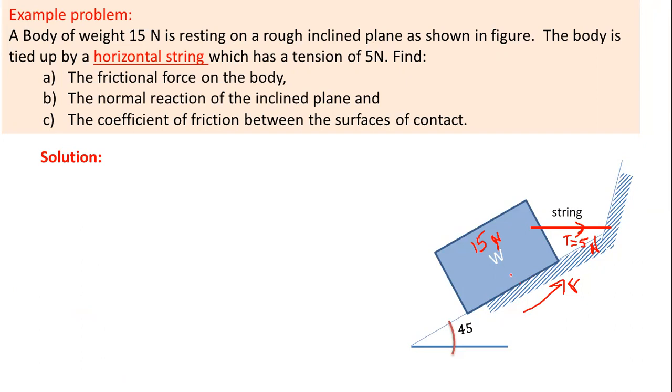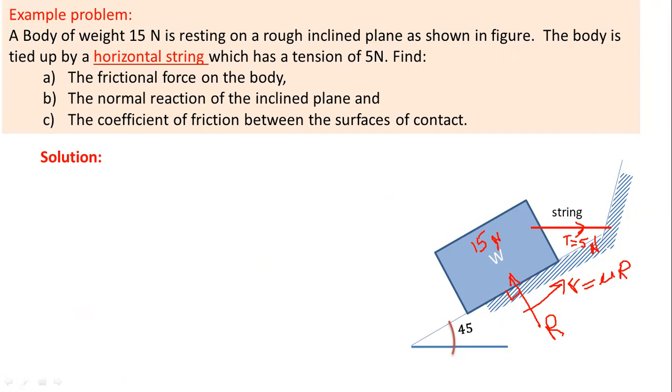The reaction always makes an angle of 90 degrees with respect to the plane. This is the reaction force R, and mu is the coefficient of friction between the surfaces of contact. We already know that friction force F equal to mu R.